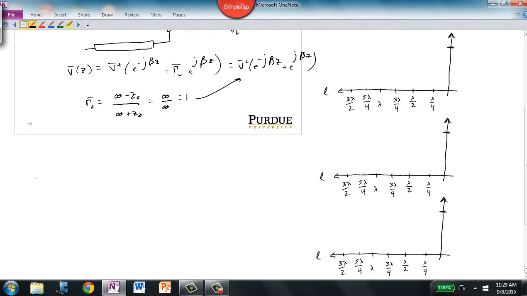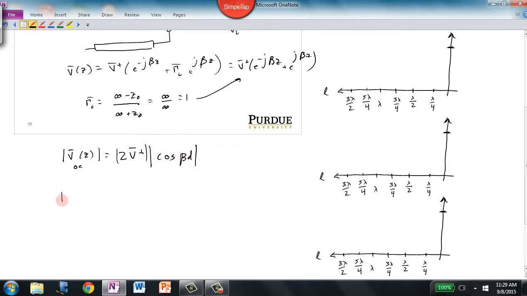If we did a bunch of math, we could see that the magnitude of the voltage along the length of the transmission line for the special case of the open circuit is given by 2 times the magnitude of V bar plus times cosine of beta d.